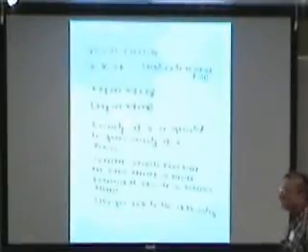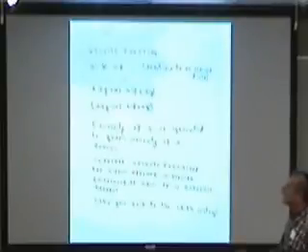Real numbers have the natural ordering, so X is preferred or indifferent to Y if and only if U of X is greater than or equal to U of Y. Similarly, X is strictly preferred to Y if and only if U of X is strictly greater than U of Y. And the idea is that somehow we feel more at ease with maximizing functions over K than maximizing orders over K. Well, I shouldn't have said this here, but at least for people in the 19th century and the 20th century, people thought this way.